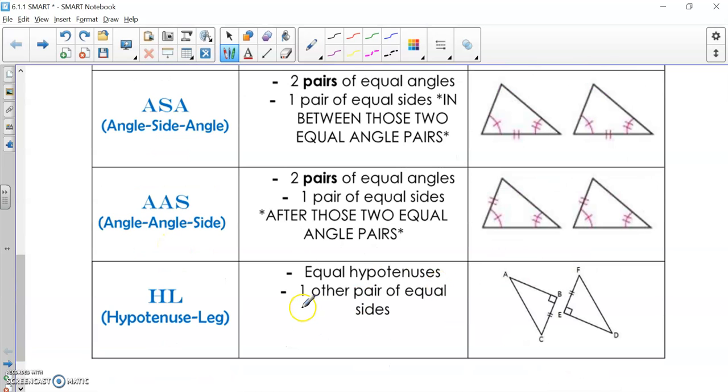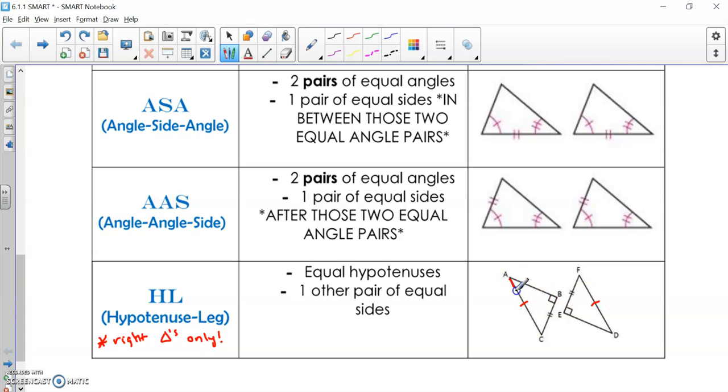Okay, the last one is HL, hypotenuse leg. This one is only for right triangles, because only right triangles have a hypotenuse. All right, so in this picture, and I guess this picture is a little bit inaccurate, I'll fix it, the hypotenuse has to be matching.